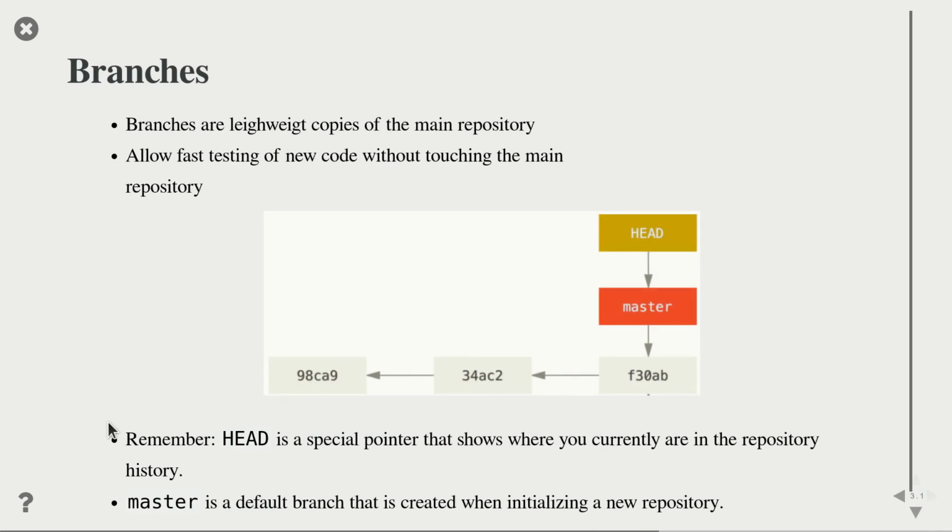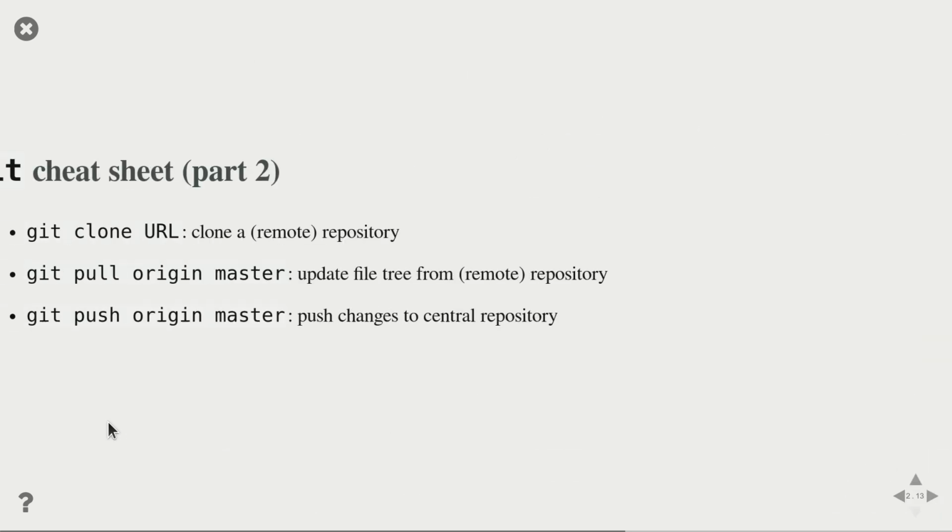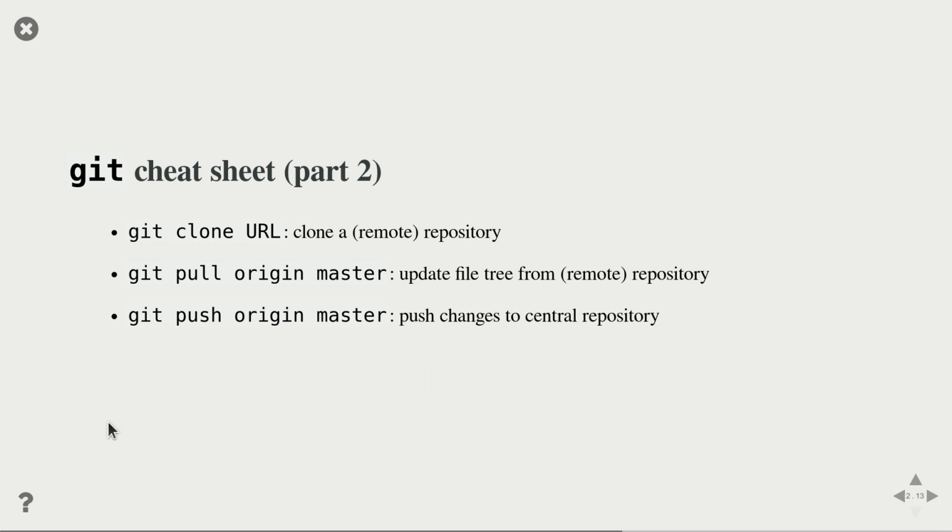Questions? Yeah? Why do you use origin master? Right. So again, that's branch related, but I'll explain anyway. Origin means this is the place where you want to push to, and origin is the default name. If you only have one remote place that you can push to, it uses the name origin by default.